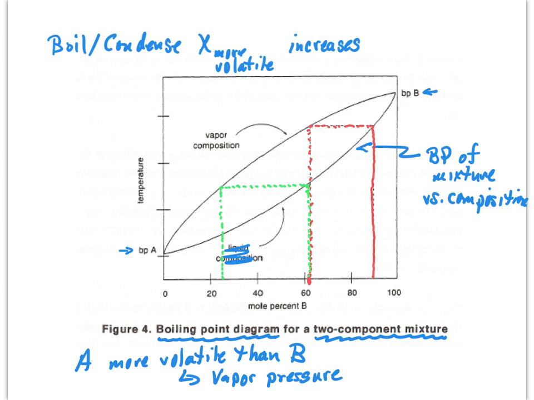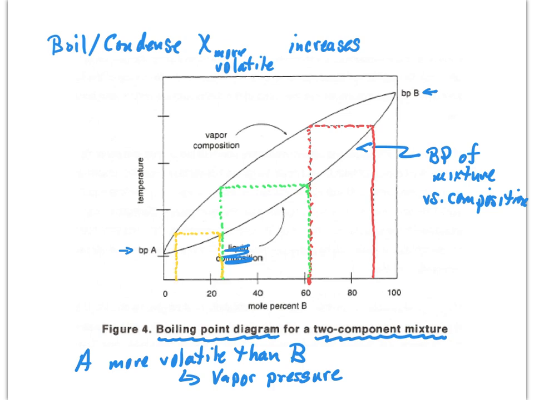Only 5% B and 75% A. Then we let that boil and condense. We get that vapor composition and we condense.